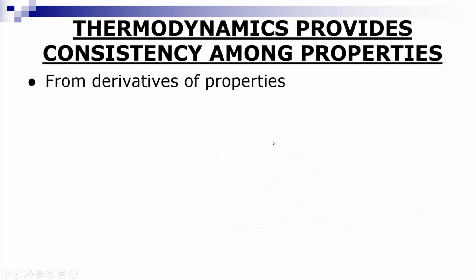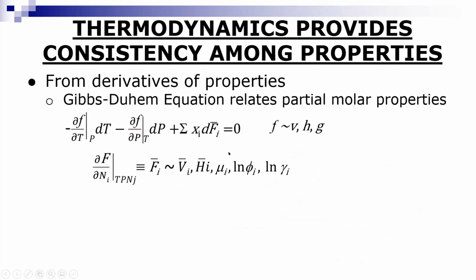Now, changing subjects, thermodynamics provides consistency among properties. What you get are the property derivatives, which are always true mathematically, and some of them are famous and have names. For example, the Gibbs-Duhem equation, which relates the partial molar properties to each other.